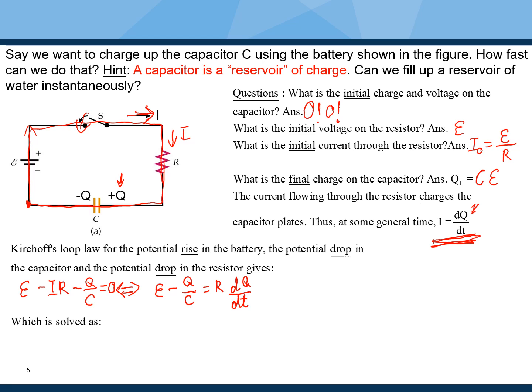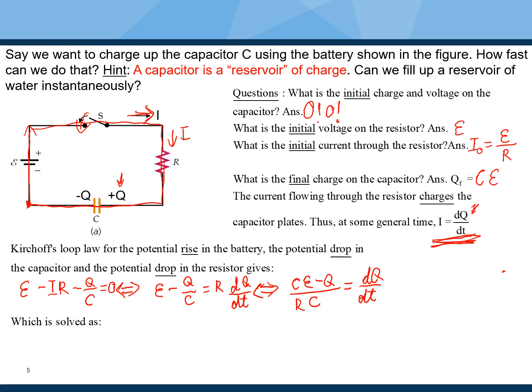So I can write this equation as being equivalent to C times (E minus Q divided by C), and this is in fact equal to R times dQ by dt, but I can actually go ahead and bring the R out here, and therefore I write this as dQ by dt.